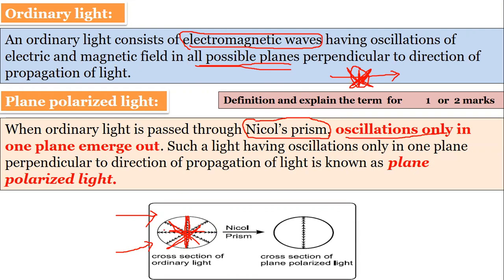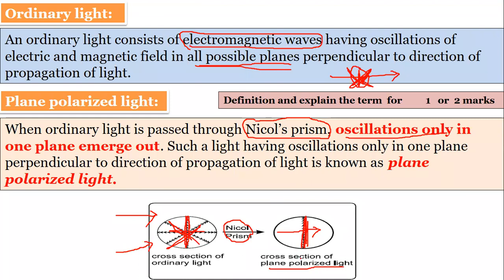See the magic. When the ordinary light is passed through this particular Nicol prism, it oscillates in only one plane. Suppose this is the direction of propagation of light. It will oscillate like this only, up and down, up and down. So this is the cross section of plane polarized light.